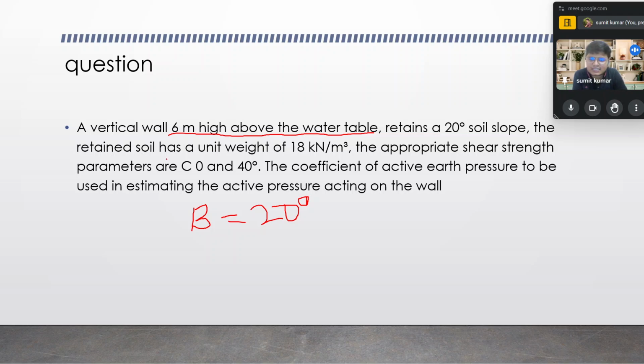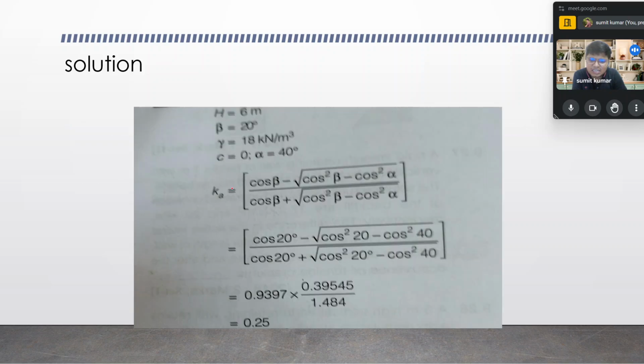And the retained soil has a unit weight of 18 kilonewton per meter cube, meaning gamma is 18 kilonewton per meter cube. And the approximate shear strength parameters are C and phi, basically 40 degrees.